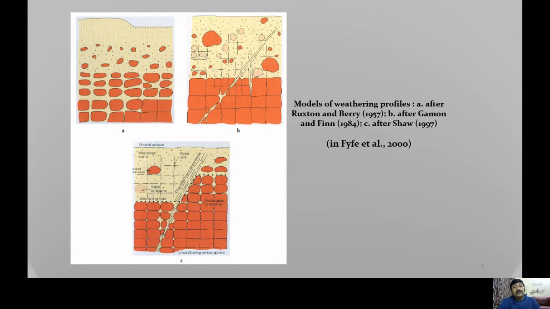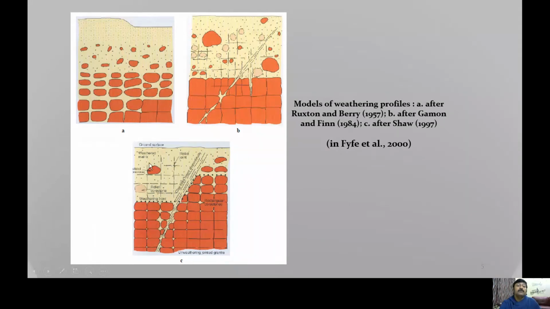And these kinds of profiles are very common, which are essentially controlled by the existence of major discontinuities like faults, some master joints, etc. And not only that, the discontinuities are also responsible for giving rise to some core stones, as we see here.